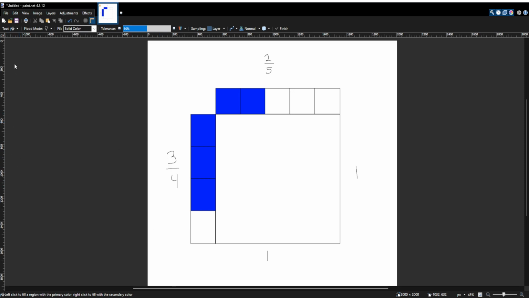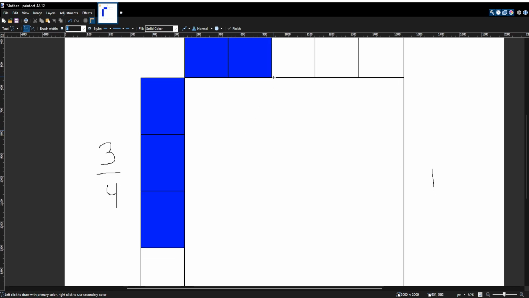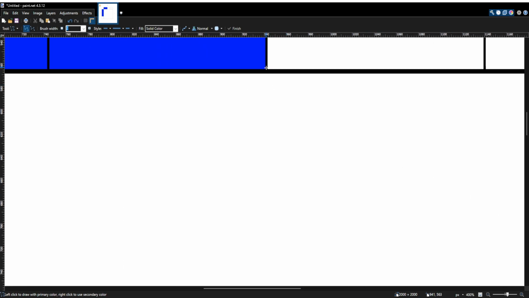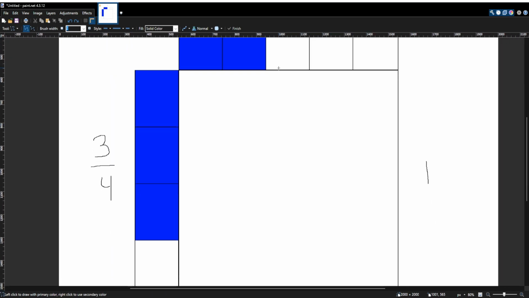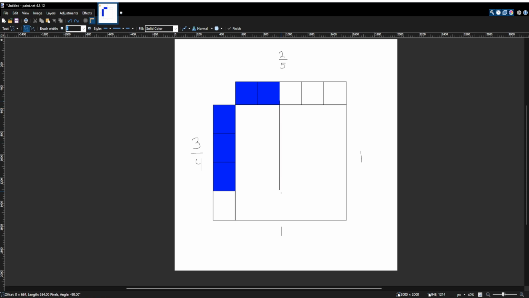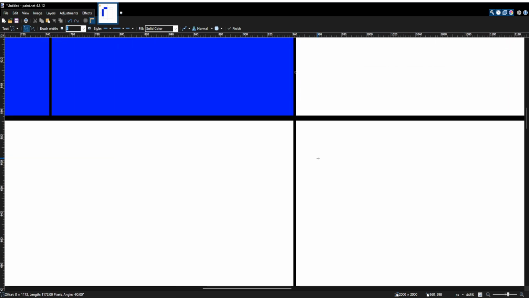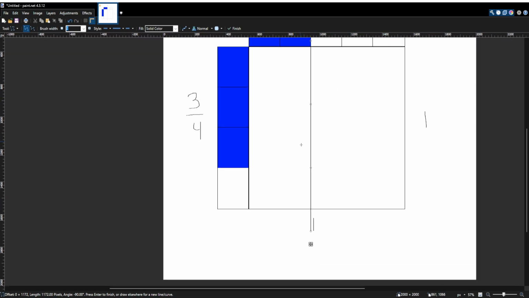So we're going to have a similar idea happening here with the length of my 2/5 being used to define the area here. And actually go all the way across like that. And we're going to go all the way across like this.